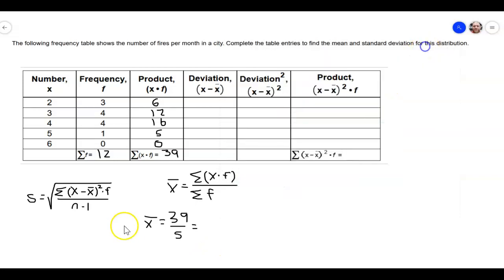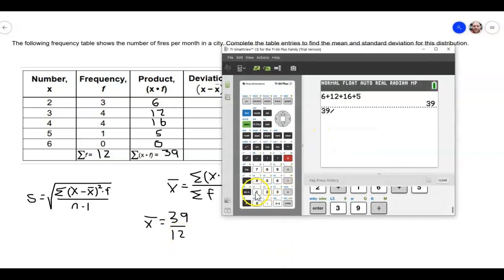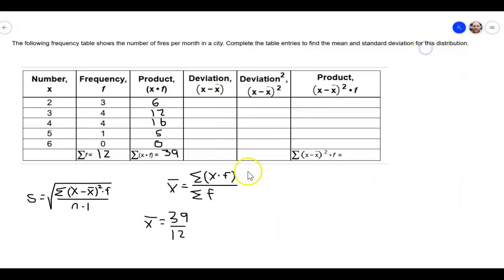I don't know where I got that 5 from. 39 divided by the sum of my frequencies, 12, is equal to 3.25. So that is going to be my mean. So 3.25.